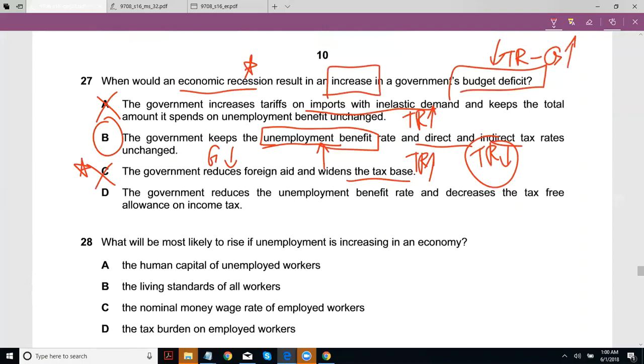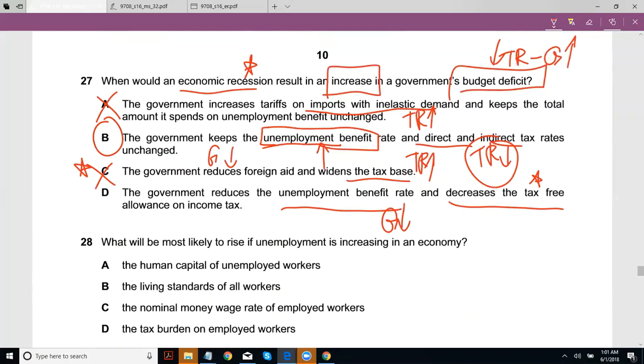The government reduces the unemployment benefit rate and decreases the tax-free allowance on income tax. So if the unemployment benefit rate goes down, that means spending is going down. Understand here, they're not saying they reduce the tax rate.